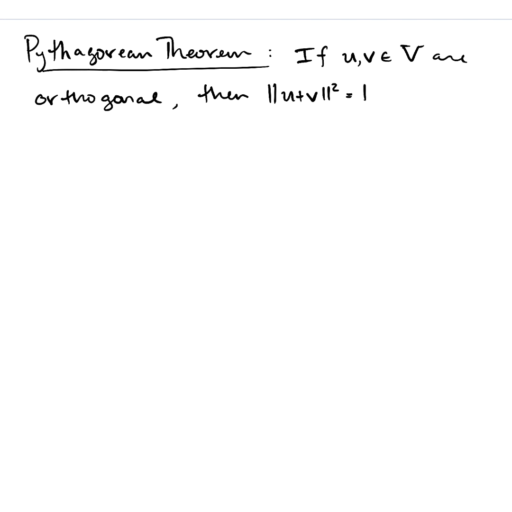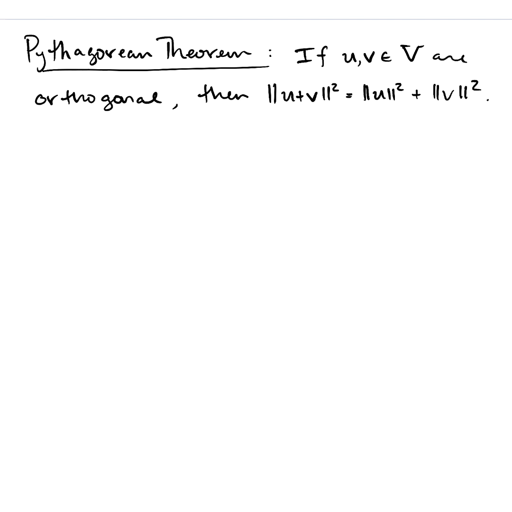In particular, if u and v in big V are orthogonal, meaning their inner product is 0, then the square of the norm of their sum is the sum of the squares of their norms. So there's a connection between the norm of u plus v and the individual norms of u and v.